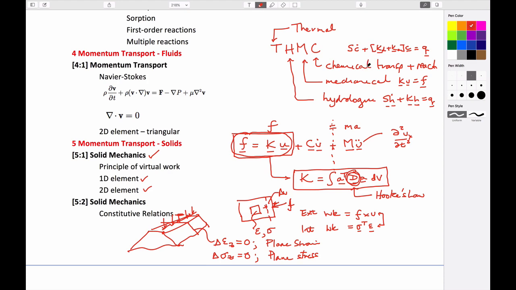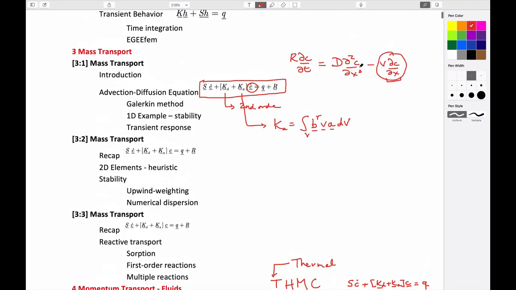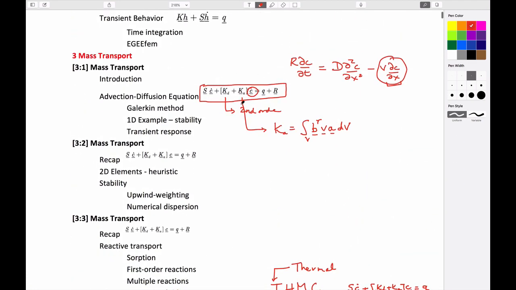If you go back to where we've come from, you'd find that equation exactly here.